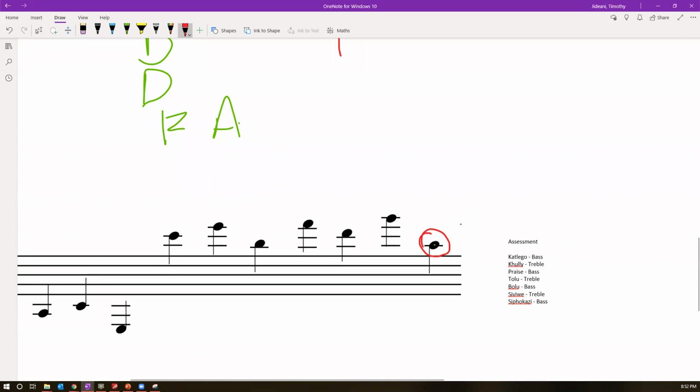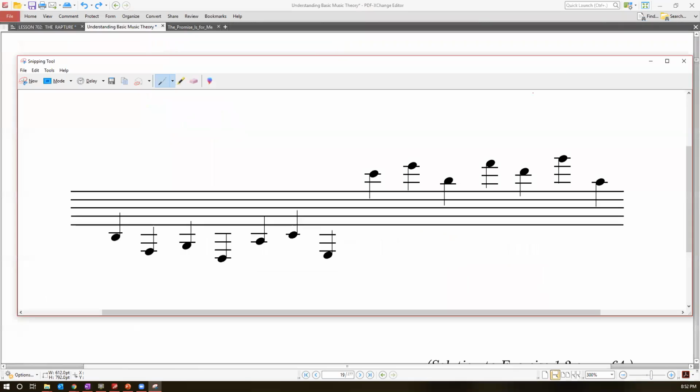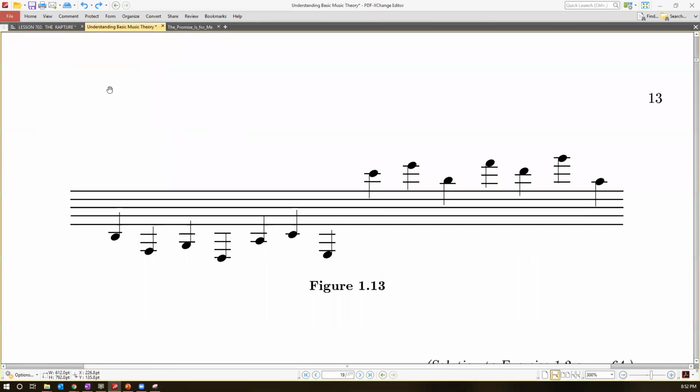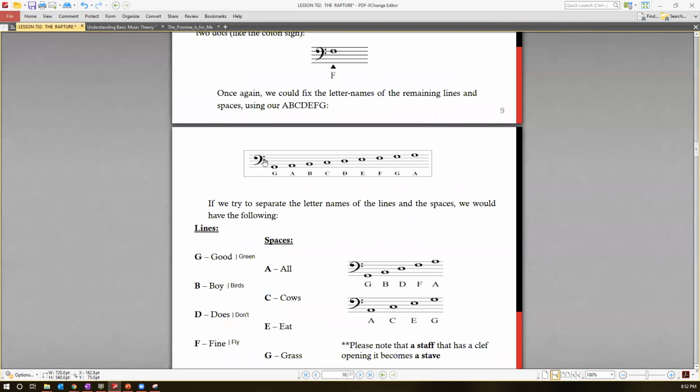Okay, Tolu, are you there? Hello? Yeah, I'm here, sir. Okay, great. So I want to quickly run through this with you. Since you're not around, just a recap for everyone.